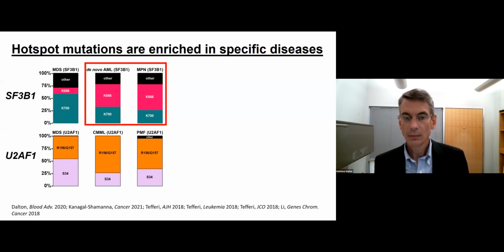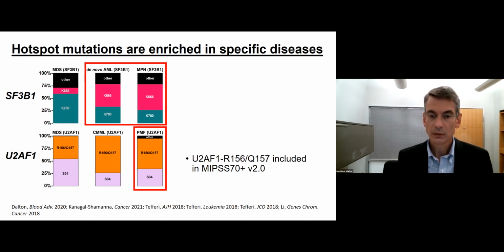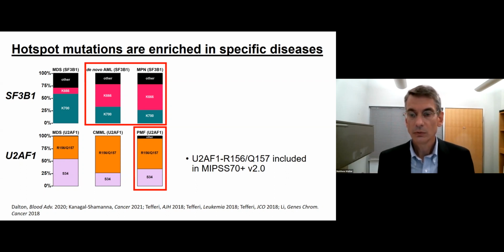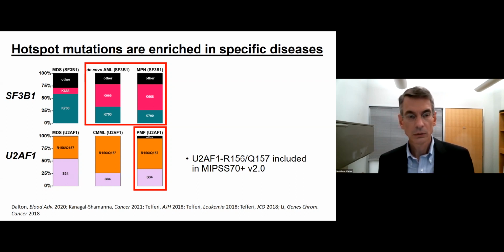But if we look at CMML and primary myelofibrosis, this is quite different, with the R156, Q157 variant becoming dominant in those diseases. And in particular, in myelofibrosis, the U2AF1 R156, Q157 hotspot is actually a high-risk mutation and has been included in the MIPSS70+ version 2 prognostic scoring system.